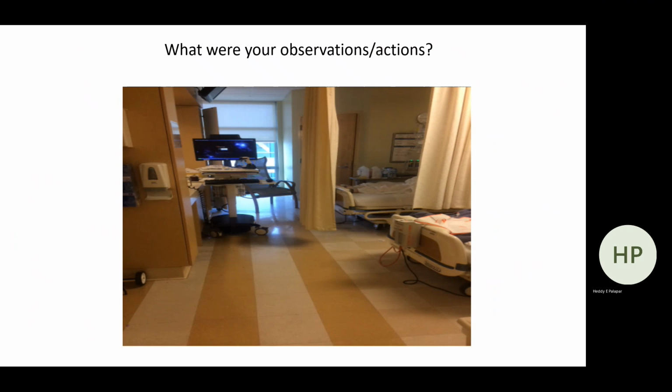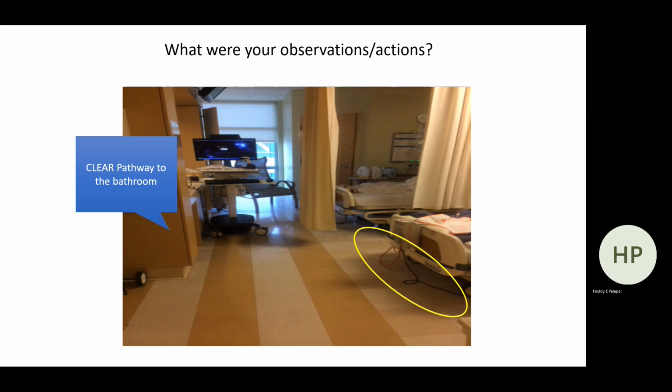As previously mentioned, the patient needs a clear pathway to the restroom. Opportunities and interventions to improve the safety of this environment include assuring a clear path to the bathroom by removing equipment and straightening cords off the floor.